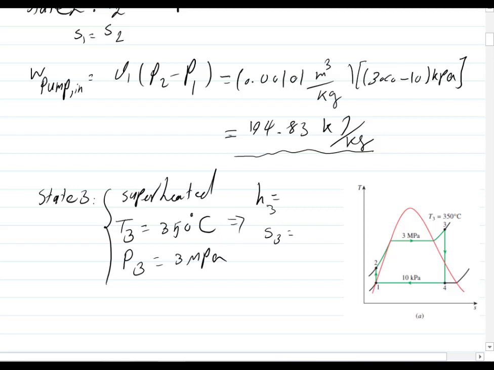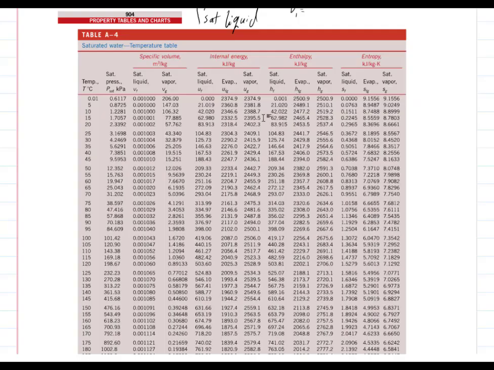Again, to find these properties for the working fluid in this state, we need to refer to the thermodynamics table. But which table? Here again we have this thermodynamics table. Let's see which table we should use to find H and S, enthalpy and entropy, of state 3.